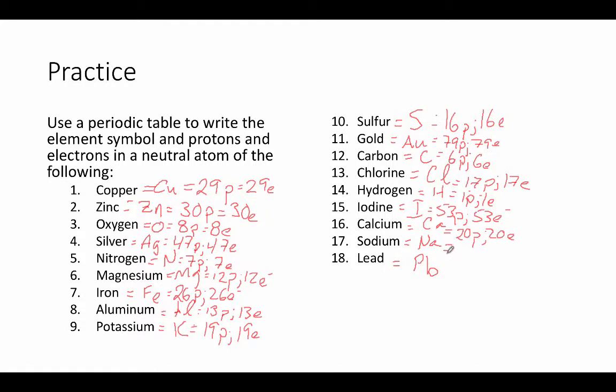Sodium is element 11, so we have 11 protons and 11 electrons. Lead is element 82, so we have 82 protons and 82 electrons. Please make sure that you check the work you've written down in your notebooks before moving on.